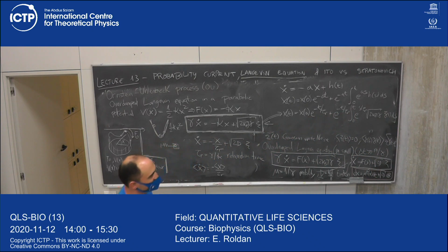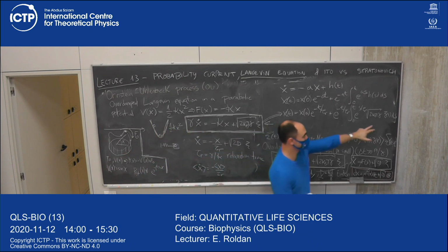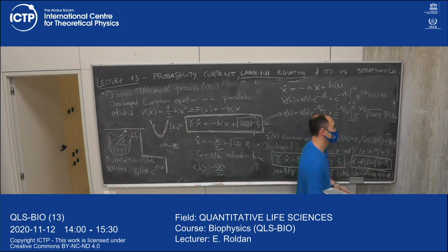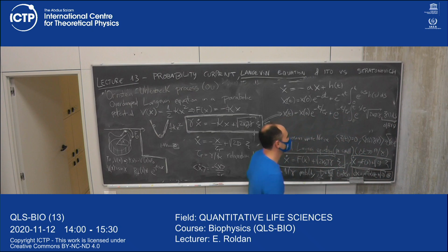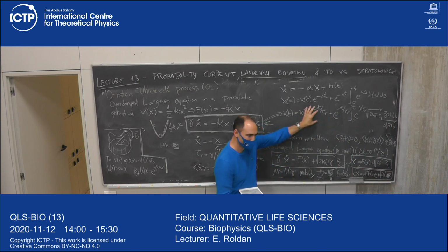So you see that now when we solve it, there are random increments. This, we said before, is dV. So when you solve it, you see there is a part that is deterministic, and there is a part that is stochastic. That's the solution of the problem.